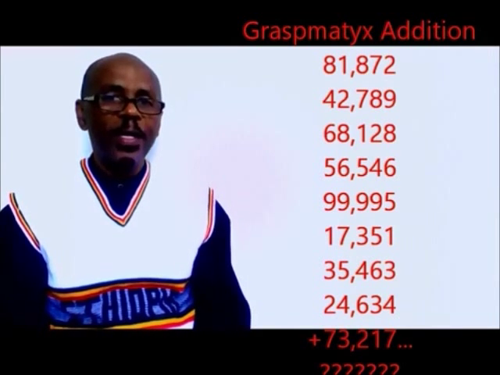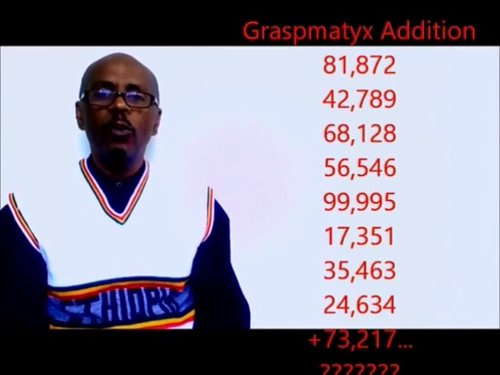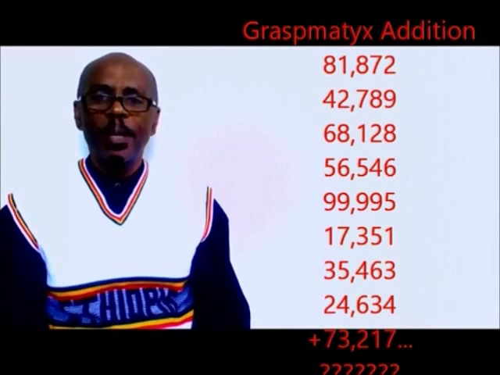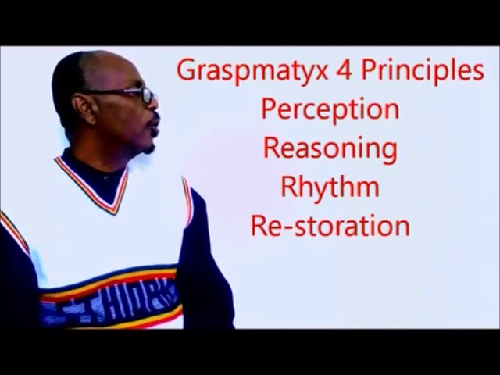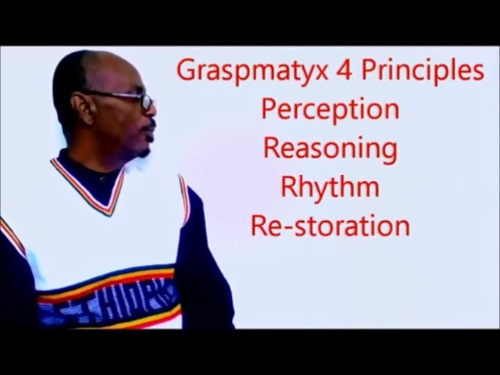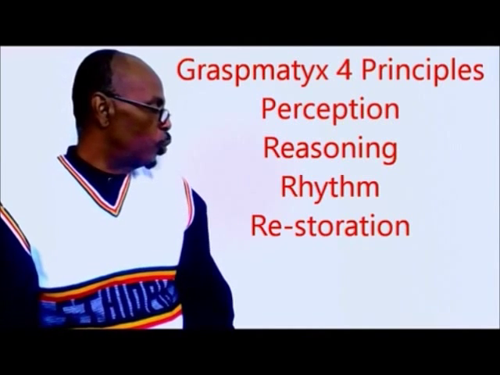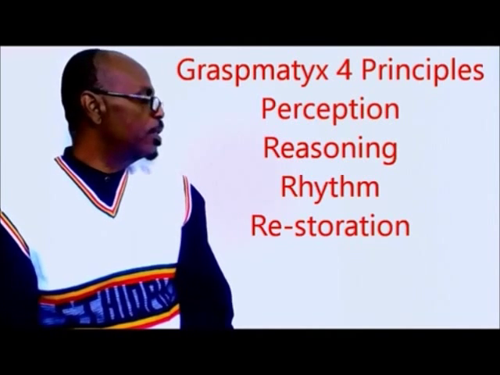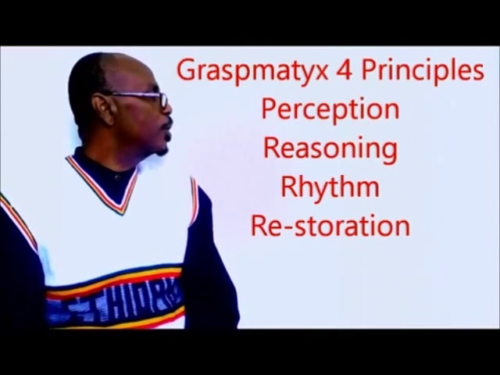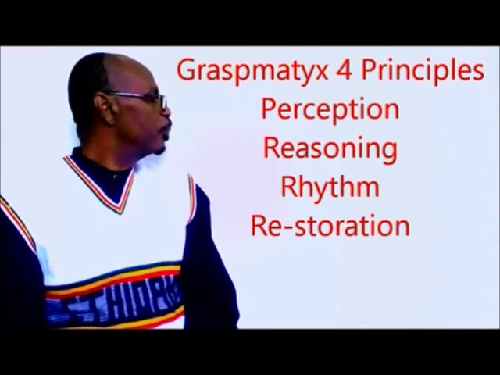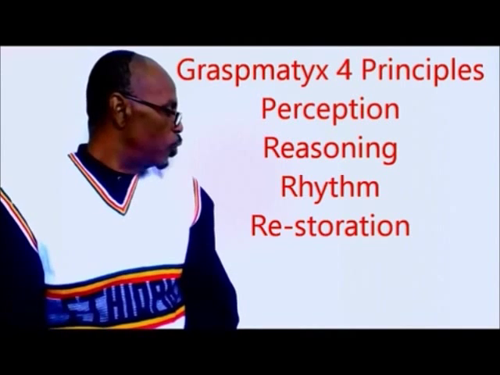Numbers that seem very complicated, but you apply the 4 principles of Grassmatics, which are perception, reasoning, rhythm, and restoration. What are they? Perception, reasoning, rhythm, and restoration.